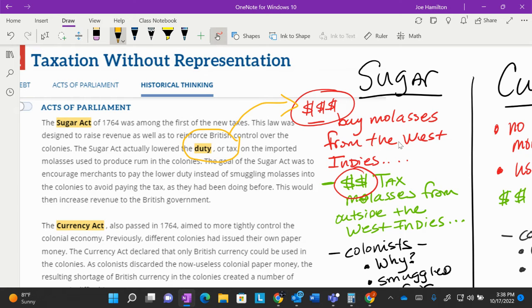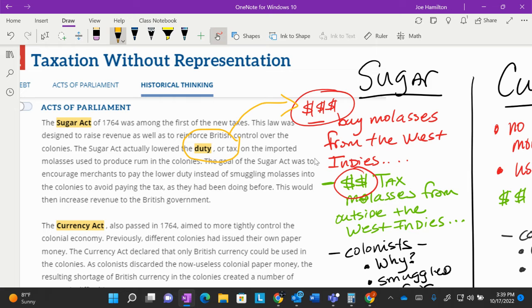He said only buy it from the West Indies, because the British had control of most of, if not all of, the West Indies, or at least the parts that produce molasses or the plant for molasses. He told the colonists to only trade and buy from them. I will lower your tax if you buy it specifically from the West Indies.